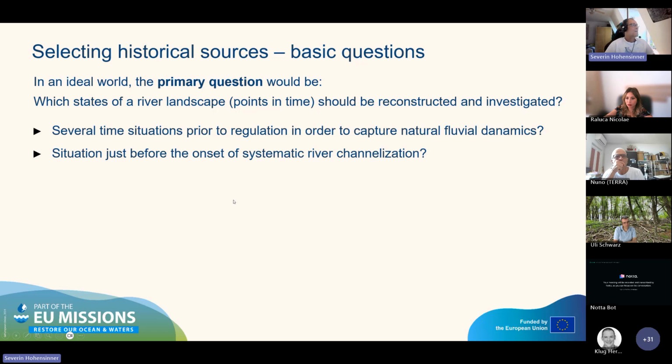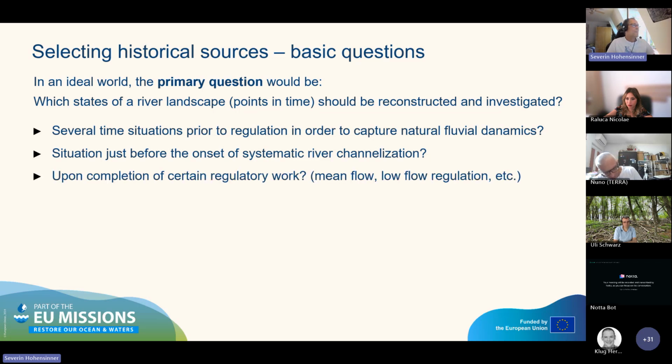Then also of interest would be the situation just before the onset of the systematic river channelization, or at the completion of certain regulation working steps, like the so-called mean flow regulation that was first done at our rivers, or the low flow regulation around the year 1900, or flood protection.